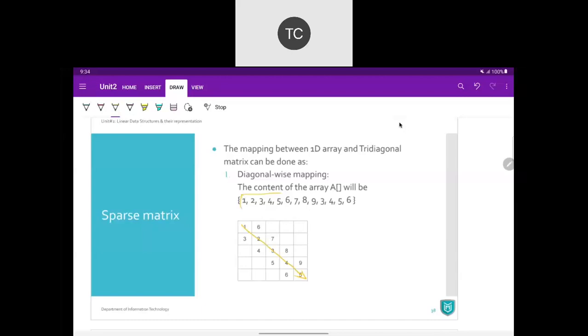That is your principal diagonal. Then you take the upper diagonal. First is the principal diagonal, then the upper diagonal, and then the lower diagonal. That's the sequence. And that is nothing but the diagonal wise mapping.